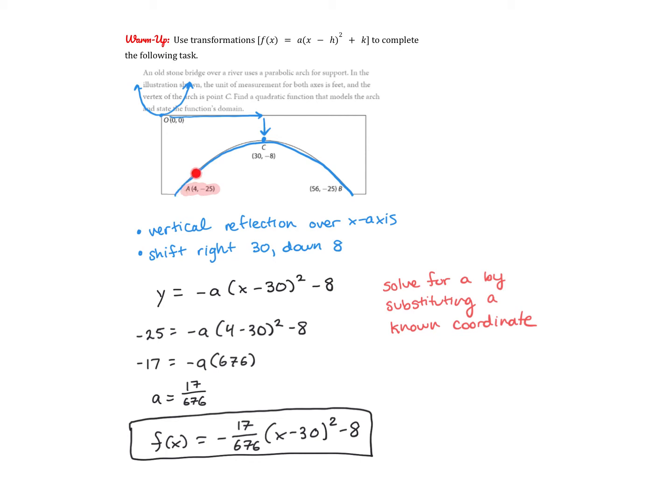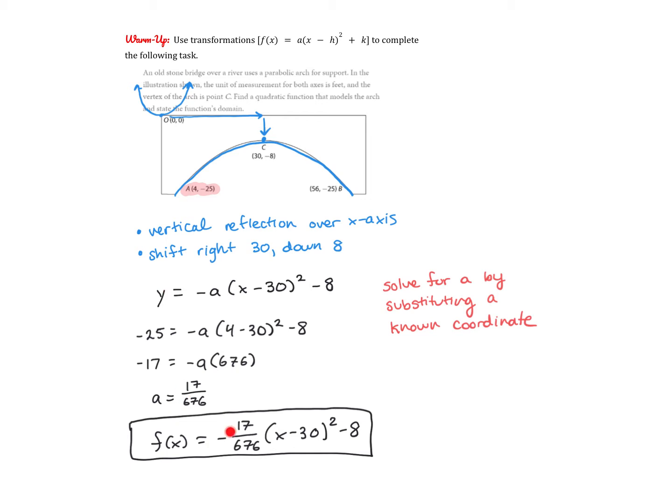But for this, you can also see that there's going to be some type of stretch or shrink, so we have this a value out front that we still don't know. We can solve for a by substituting any other known coordinate into our equation for x and y, and then we can use that a value in our final answer.